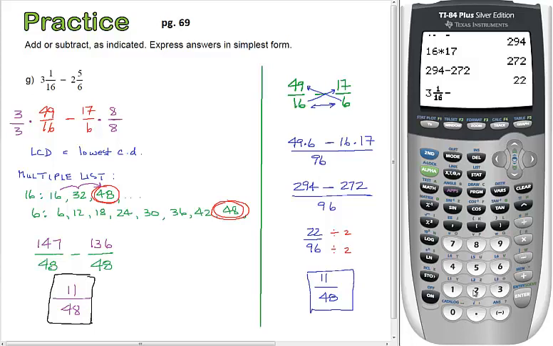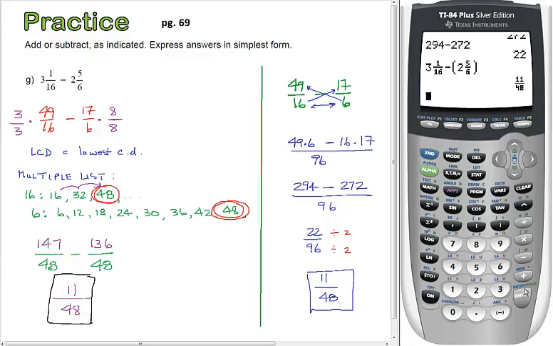Subtract 2. Oops, I forgot to get my fraction again, which is alpha, Y equals number 2. So I'm now into the other mixed fraction, 2 and 5 over 6, and enter. And it gives you the reduced answer of 11 over 48.